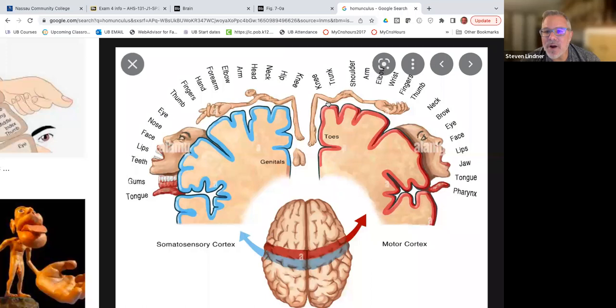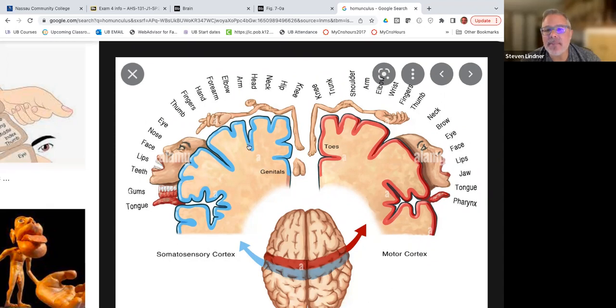So the larger parts, the torso and trunk, don't take up much space in the brain, I should say. But the hand and the eyes and the lips and the tongue take up a lot of space, whether it be movement for motor or the sensory part of the brain.